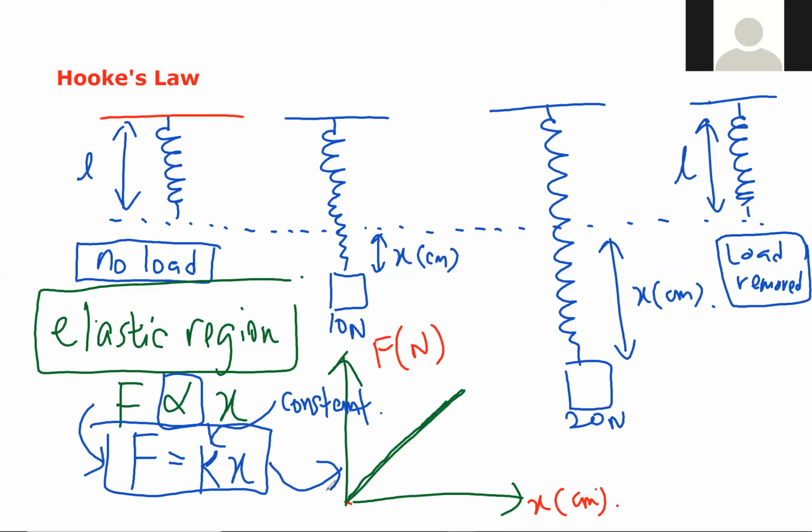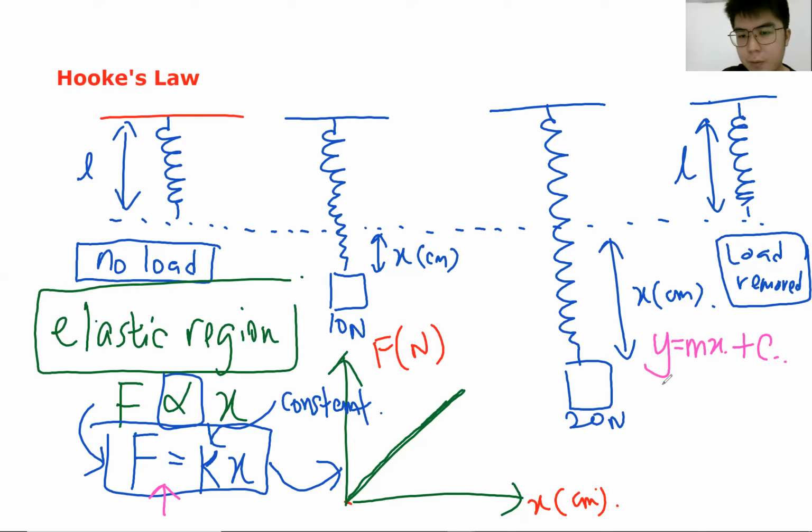If you see here, F equals kx. At the bottom right, I write down the straight line equation, y equals mx plus c. If you compare it with F equals kx, since the y-axis is F, y is F and the x-axis is x.